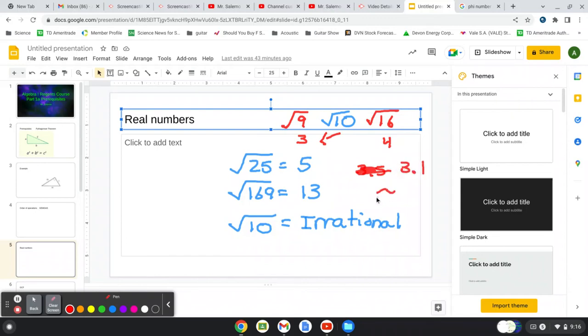That's the about symbol, 3.1. Just remember, anytime you don't have a perfect square, it'll be irrational. So again, to review, if it does not stop, it does not terminate, or it doesn't have a pattern that repeats, it won't be rational.